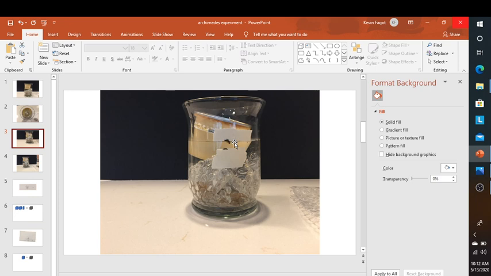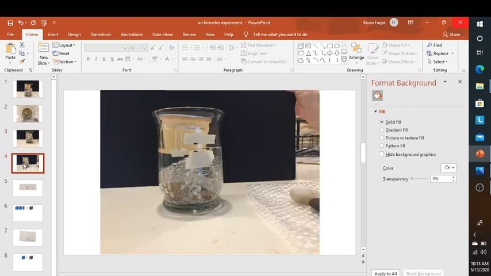Now, for the next part of the experiment, we were simulating what happens if you were to throw the rock outside of the boat. And so, JoJo, you did that part of it. And what we noticed is that now the vessel is empty, and the rock is at the bottom with the rest of the rocks and the bubble wrap.